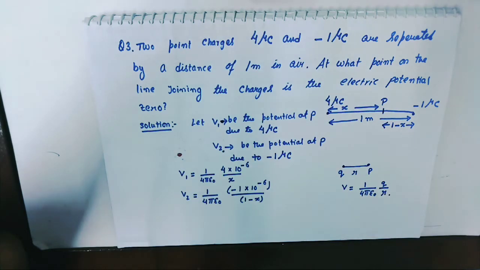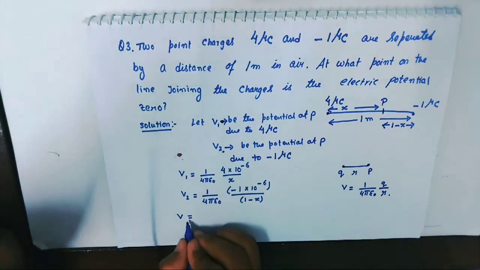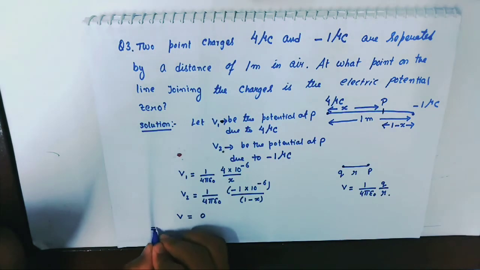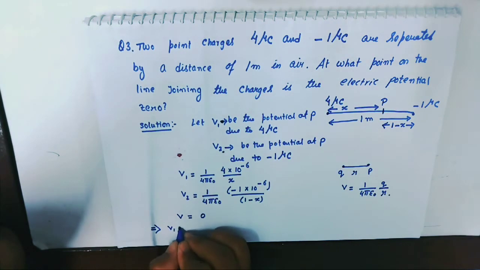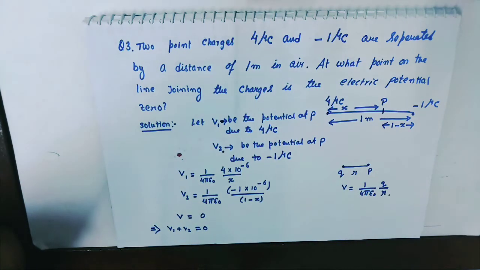The question says the electric potential is 0. So the net potential at P is V, which is equal to 0. This implies that V1 plus V2 is equal to 0.